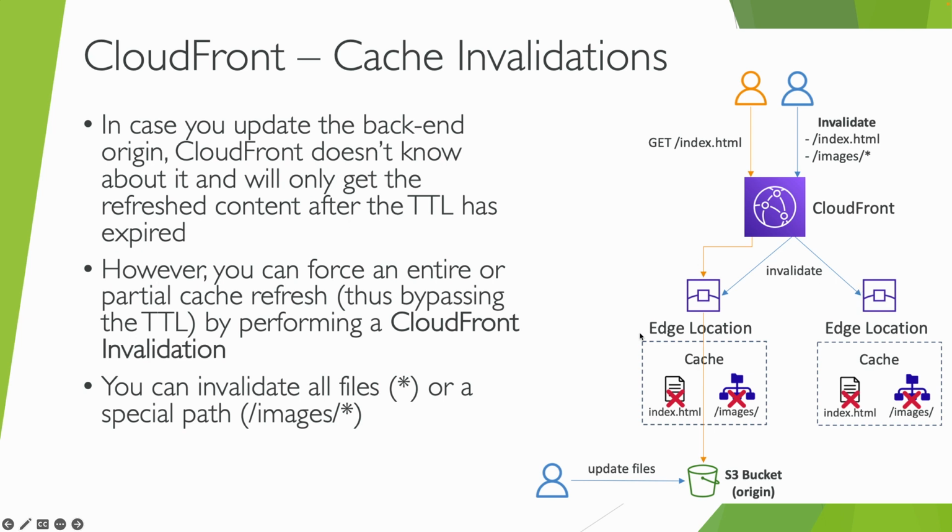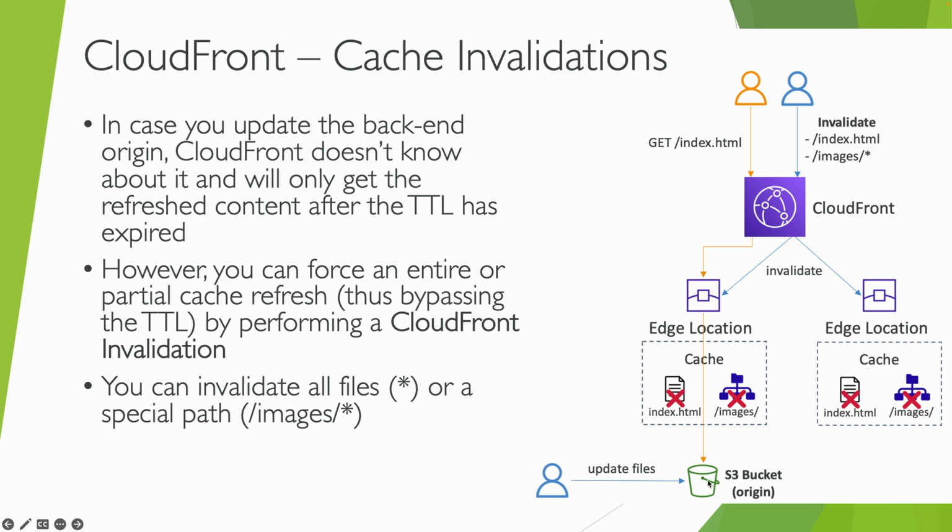However, you can force an entire or partial cache refresh by performing a CloudFront invalidation. You can invalidate all files, or only a few. If you want to invalidate all the files in the S3 bucket, you can do that, or if you invalidate only a few, you can do that.